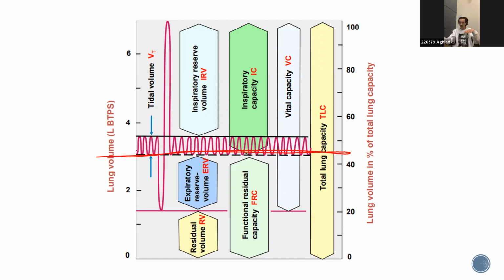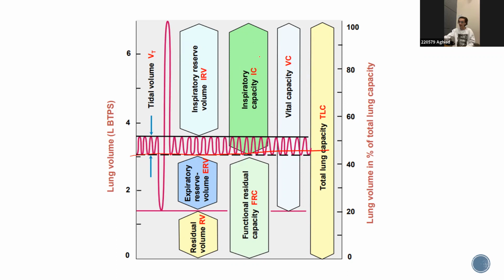The tidal volume is about 500, that's the normal volume of breath you take. Now, if you maximally inspire and inhale, you get the inspiratory reserve volume. And if you add that to the tidal volume, right?